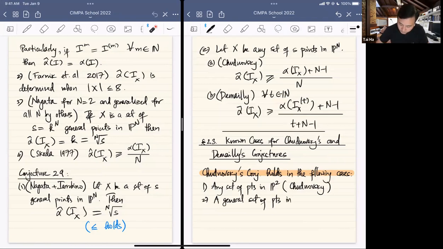In P^3, this is proved by Dumnicki in 2015, so it's not too long ago. A set of n plus 1 points in generic positions. So here is another case where the number of points is related to the dimension.